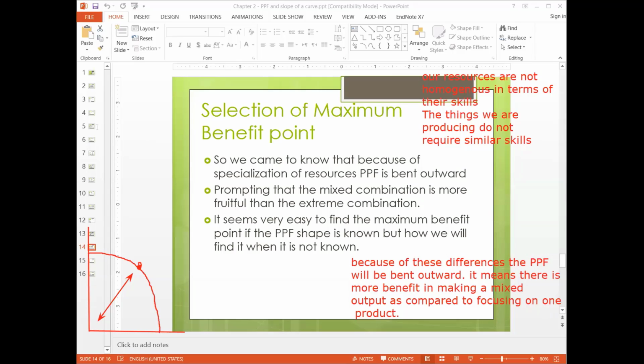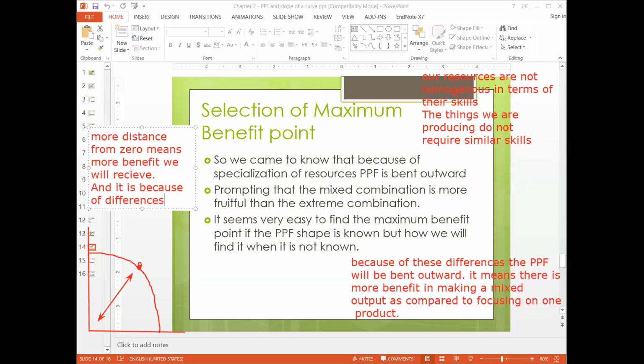So I can write it here: more distance from zero means more benefit we will receive. And that distance is because of differences in products.